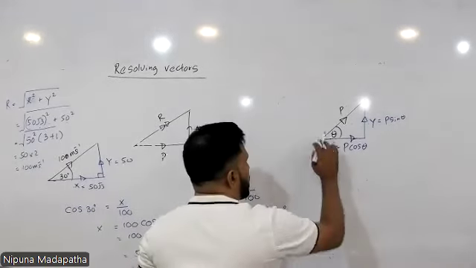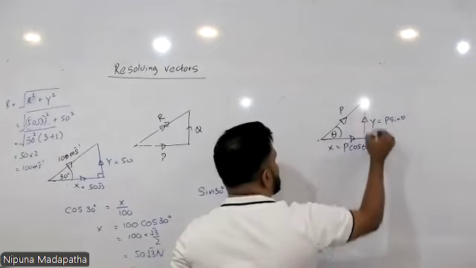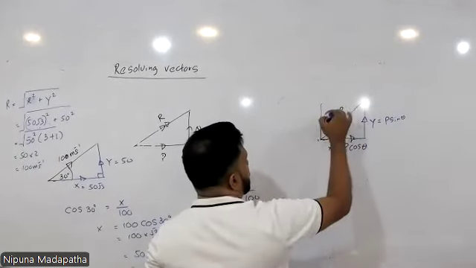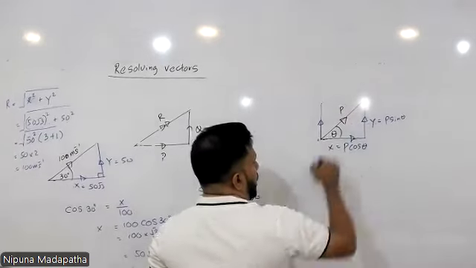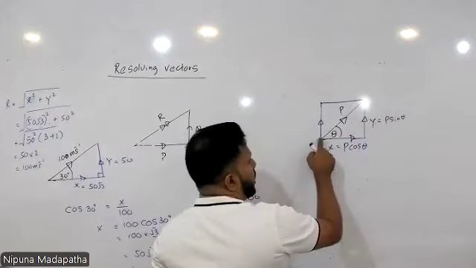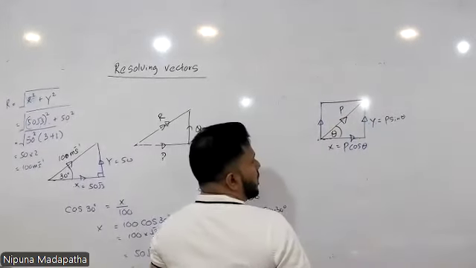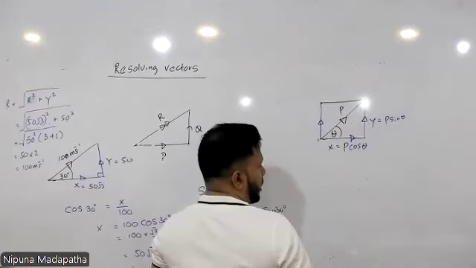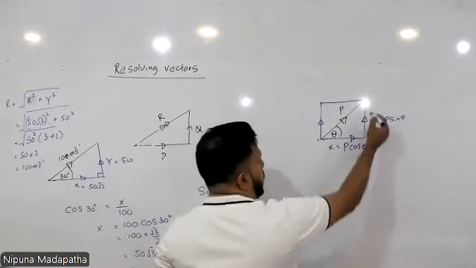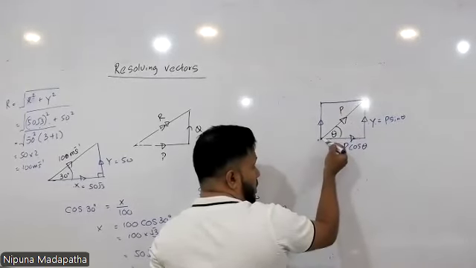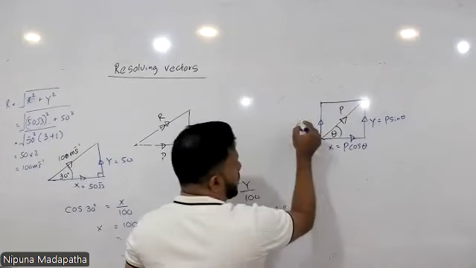What about drawing a line which is equal in length to this side? I am going to make a parallelogram by keeping this vector P as the diagonal. So the length of this side is also equal to the length of this one.